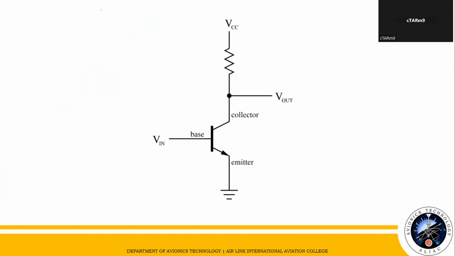So, nag-usapan na din natin siya ng advance, pero ito itsura niya. So, the input signal current flows in the transistor, which in turn controls the voltage through the load. So, dito papasok yung load.